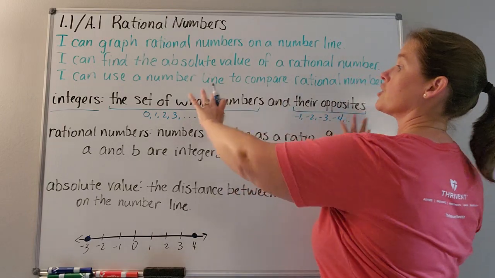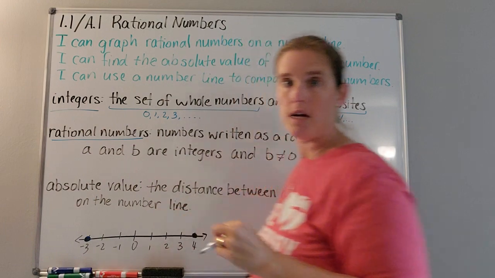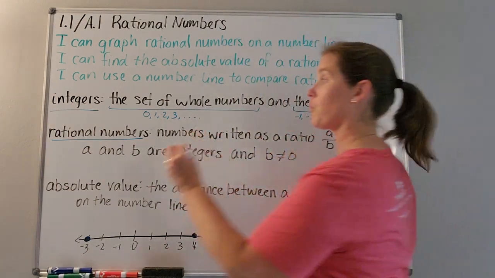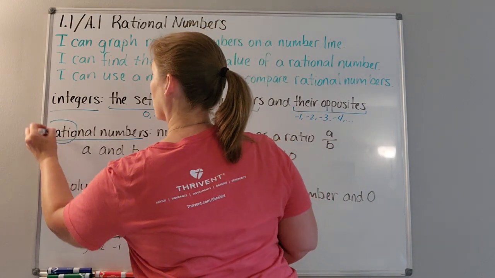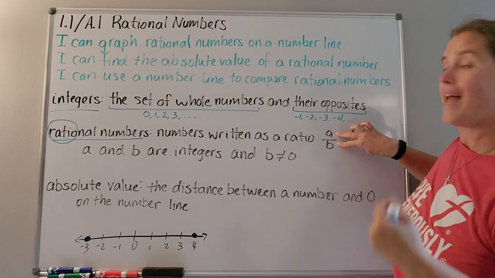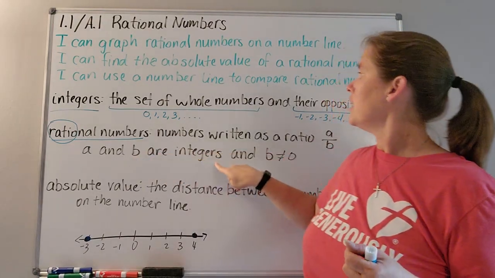So all these integers then make up what we call rational numbers, because those are numbers that can be written as a ratio. And you see the word ratio right there in the word rational. So it's a ratio written in the form A over B. So just a number over another number. And A and B are both integers.